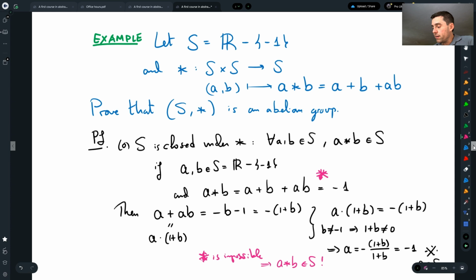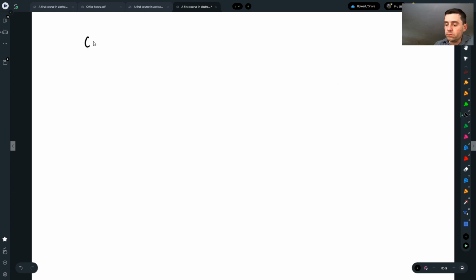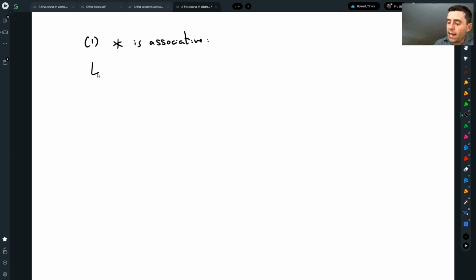What do we have to check next? Next, we have to check the first axiom, which is the fact that the operation has to be associative. So let A, B, and C be in S, so real numbers that are not -1. And let's start with A star (B star C) and see how much that is.